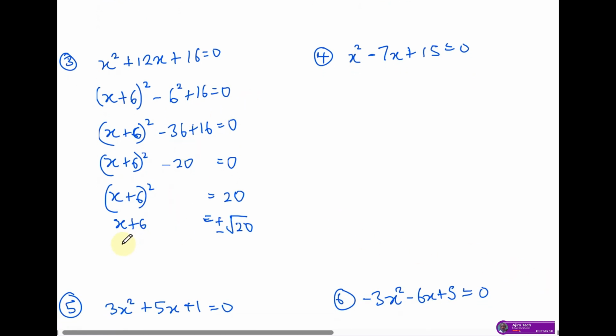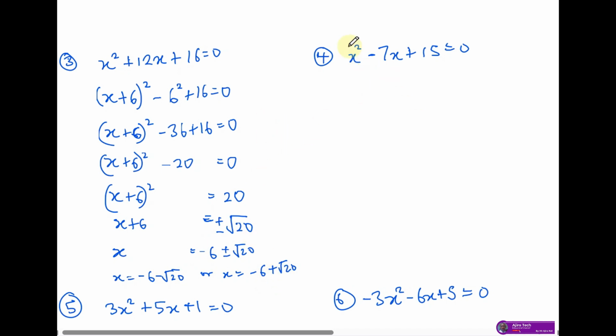Then I can take that 6 across. So x becomes minus 6 plus or minus root 20. The smaller one should have negative here, the bigger one should have positive here. So x is minus 6 minus root 20, or x is minus 6 plus root 20. Notice that the minus 6 is the same for both of them, it doesn't change. But the root 20 is negative here and positive here.